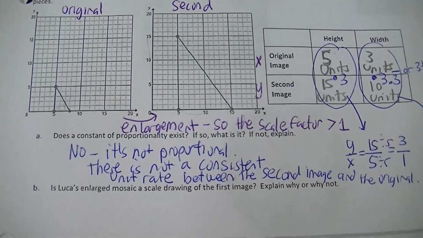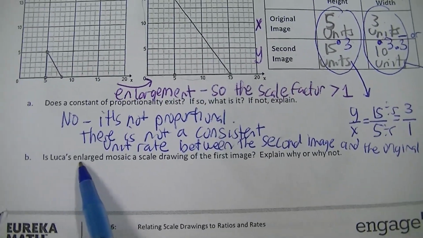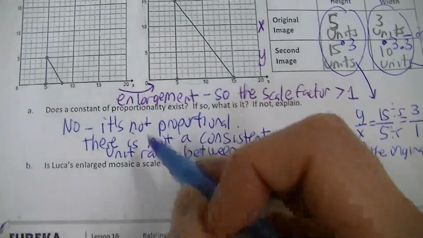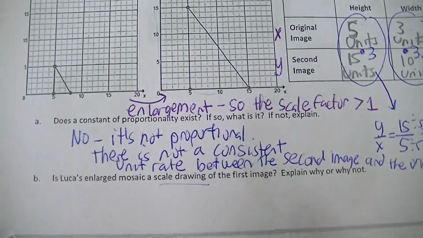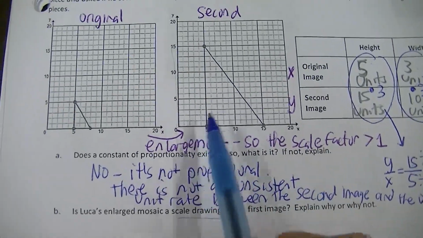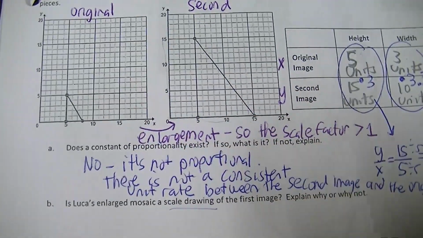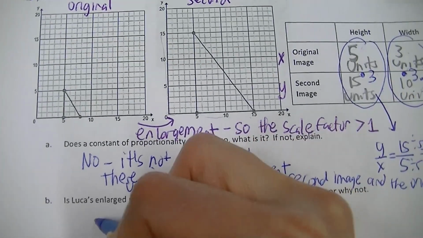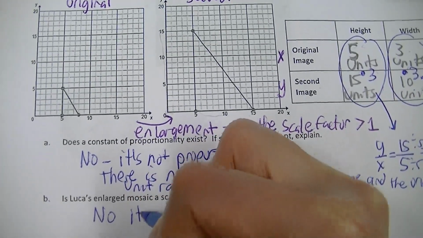Okay? So it says, is Lucas's enlarged mosaic a scale drawing of the first image? Explain why or why not. No, it's not, because it's not proportional. There's not a proportional relationship. No, it's not a scale drawing.